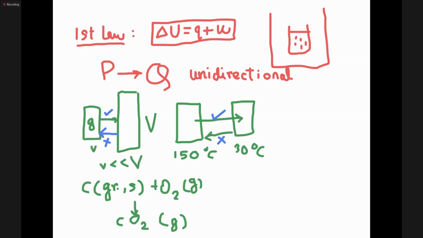For discussing spontaneity, like what is spontaneity and what are the factors that govern the spontaneity of a chemical reaction, we need to understand several parameters, which we will discuss in this section. So let us first have a clear idea about spontaneity, or what we mean by a spontaneous reaction or spontaneous change.